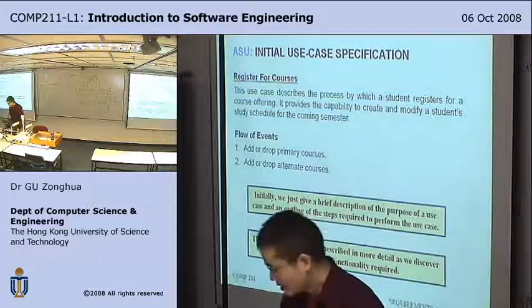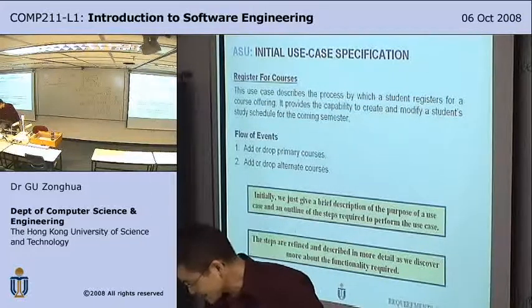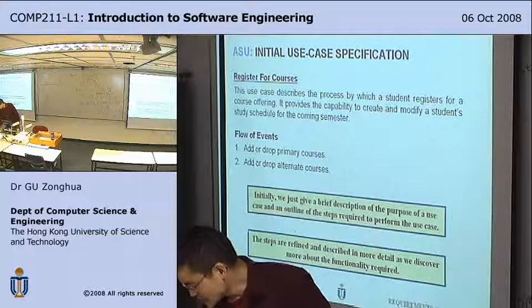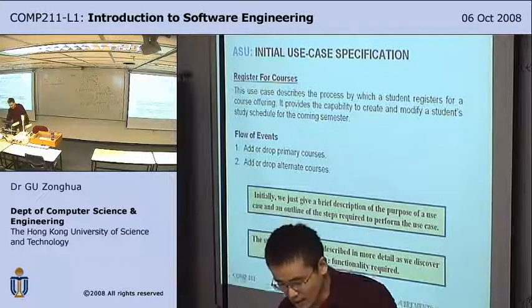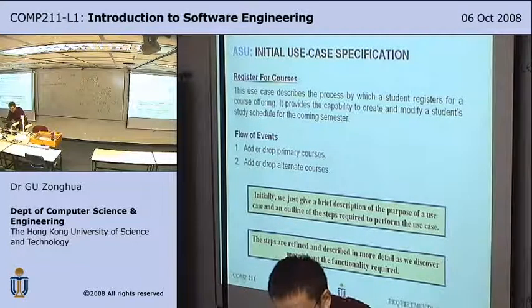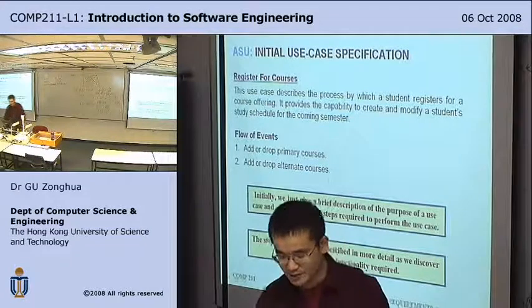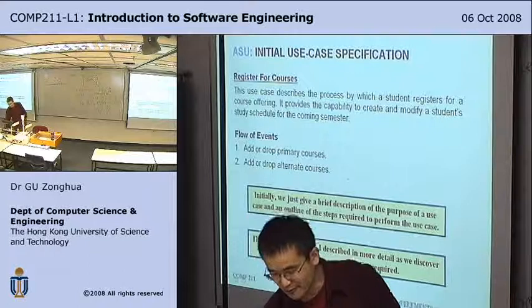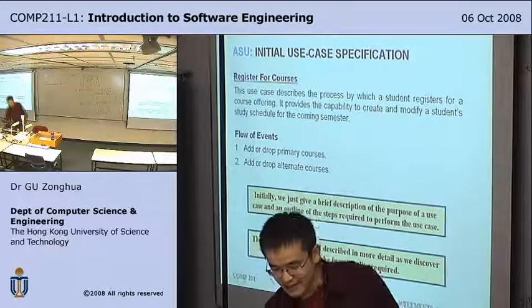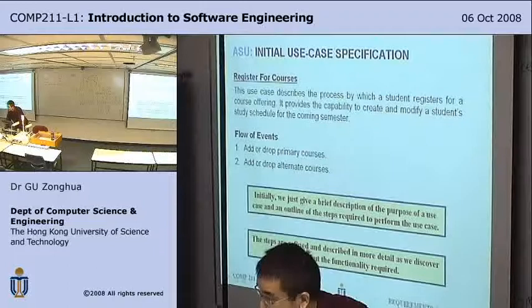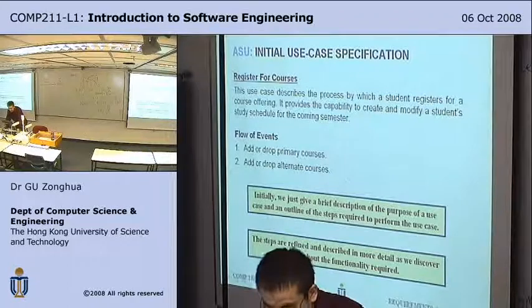So we have identified the use cases. Initially we just gave a brief description of the purpose of a use case and an outline of the steps required to perform the use case. Later, these steps are refined and described in more detail as we discover more about the functionality required.